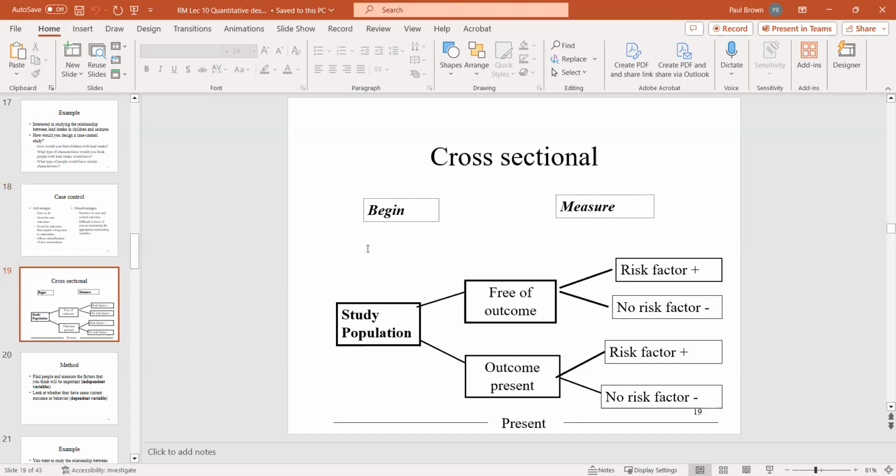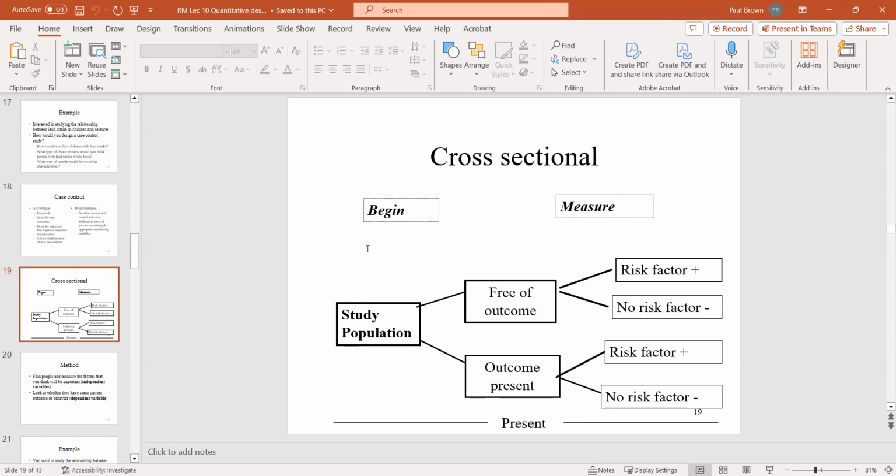Okay. Cross-sectional is similar to case control, and it all takes place at one point in time. With case control, you're choosing people and then giving them a survey. There's no follow-up, no manipulation or anything else.